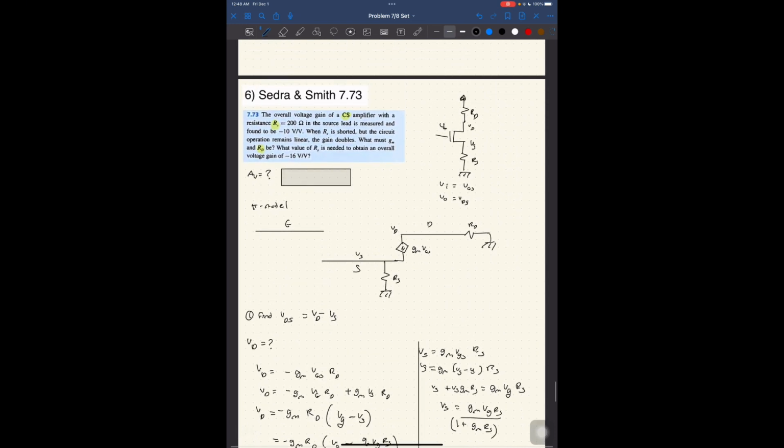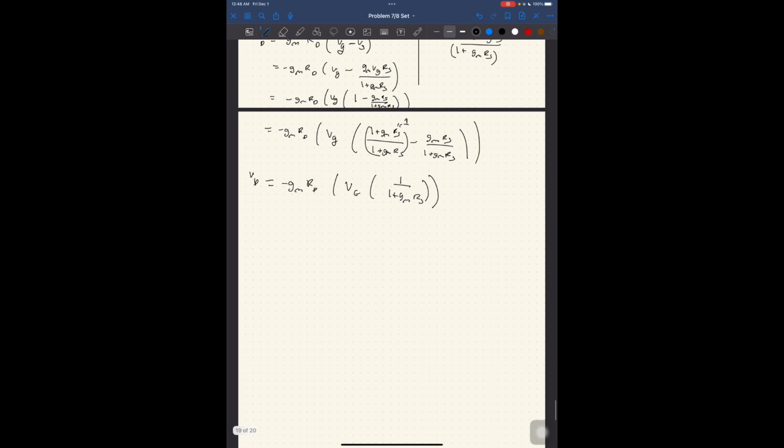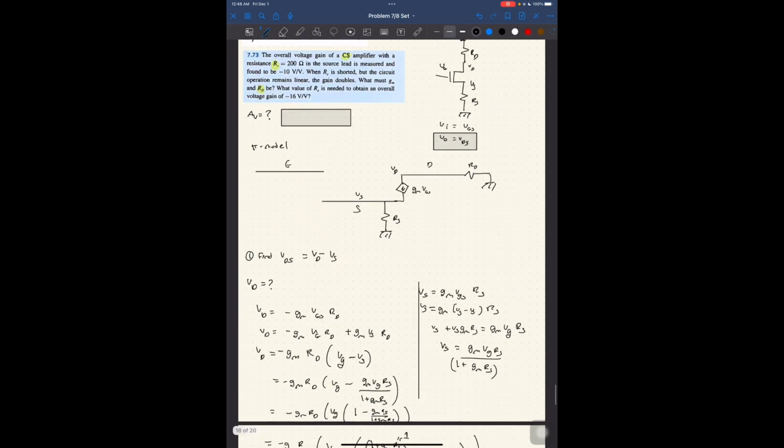And my VD is my output, and my VI is nothing but my VG, and therefore VD with respect to VG is equal to minus GM RD, 1 over 1 plus GM RS, and that's my formula. Now it's easy.